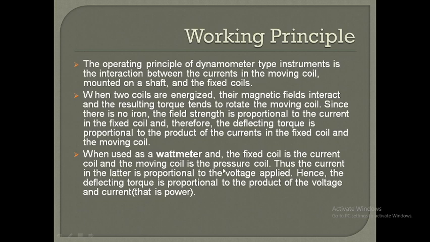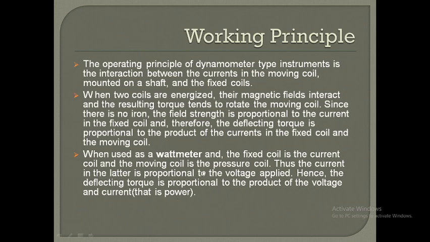When used as a wattmeter, the fixed coil is the current coil and the moving coil is the pressure coil. Thus the current in the latter is proportional to the voltage applied, and hence the deflecting torque is proportional to the product of voltage and current.